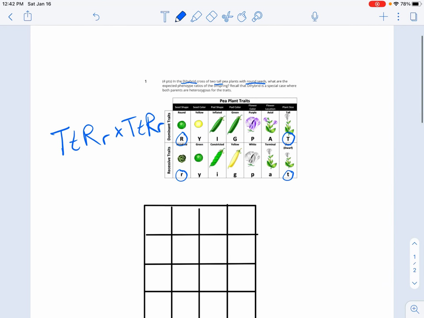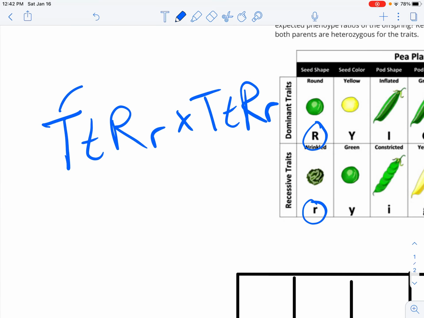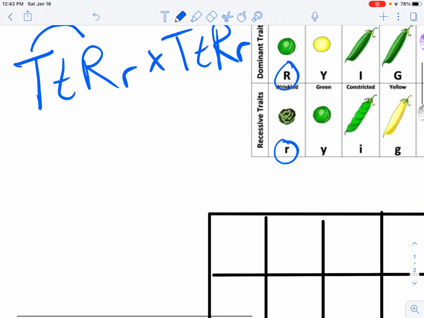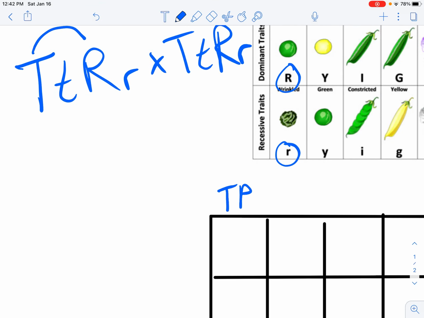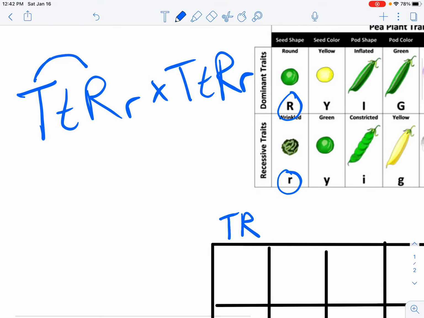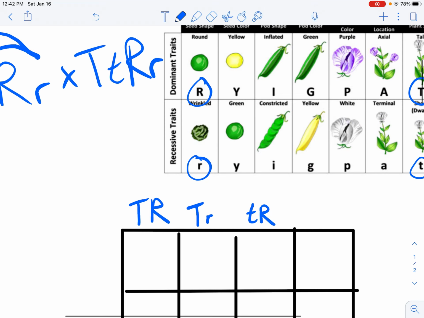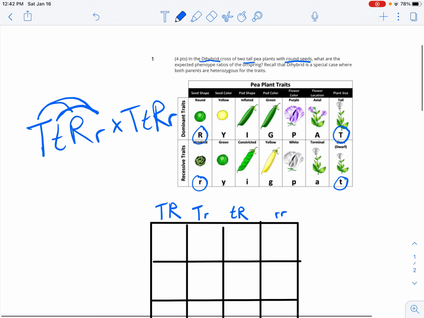Okay, so remember the FOIL method. In order to figure out what the gamete combinations are going to be, we might have big T, big R. We might have big T, little r. We might have little t, big R. And we might have little t, little r.